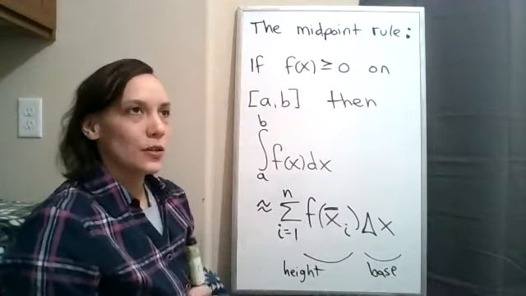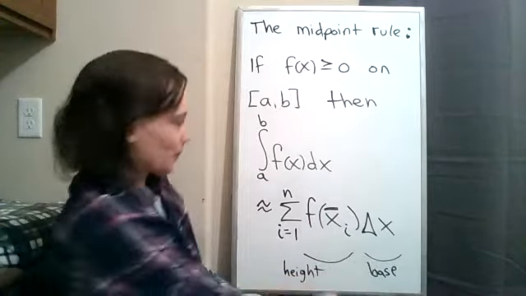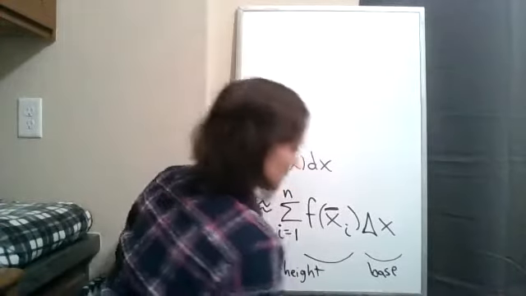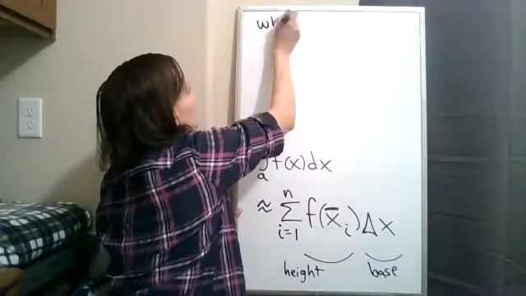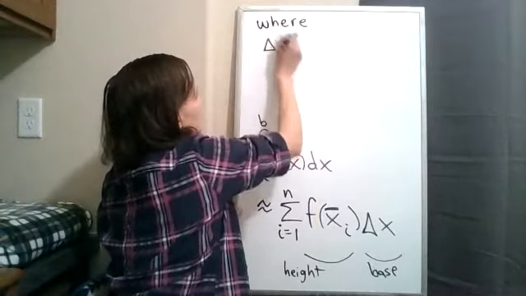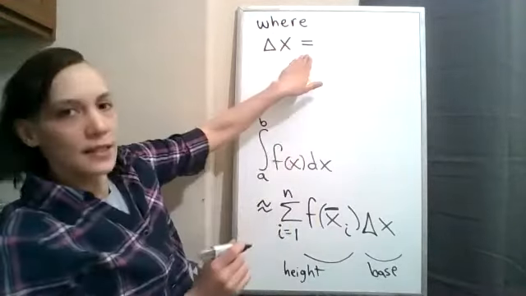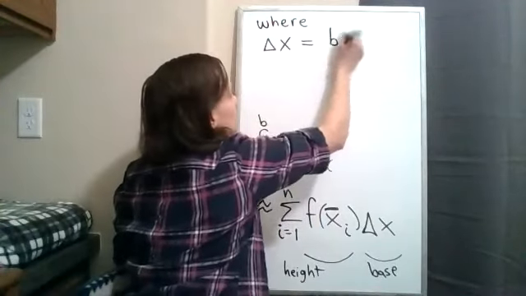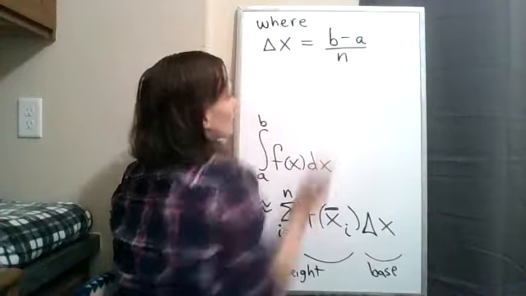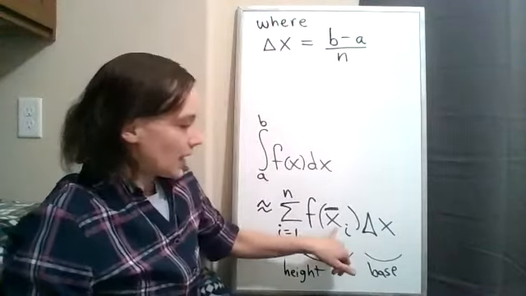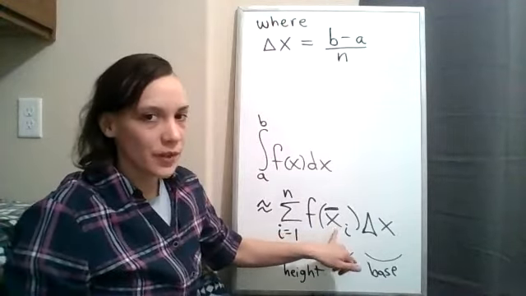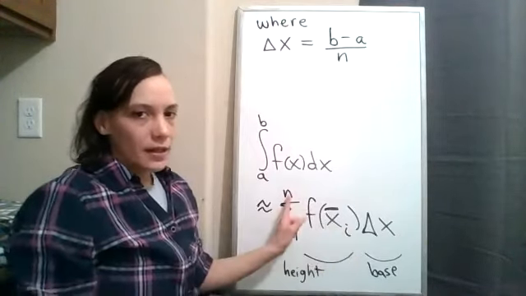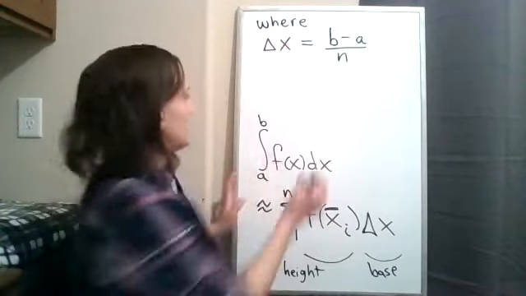Okay, so first of all, delta x. What's that? This is b minus a, divided by n. X sub i bar is a symbol for midpoints: the first midpoint, second midpoint, up to the nth midpoint.